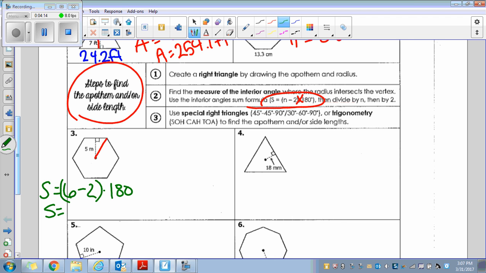So that is equal to a grand total of 720. Now, the next part of this step, it says to divide by n. And the reason I'm doing that is to get each individual angle. So each individual angle in a hexagon is 720 divided by 6, which is equal to 120. So each one of these angles is 120 degrees.